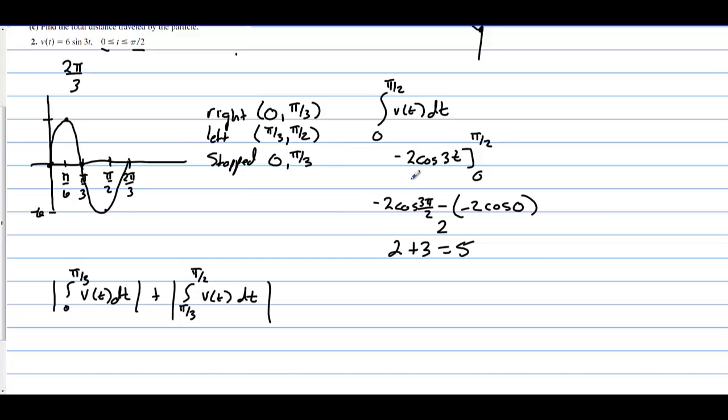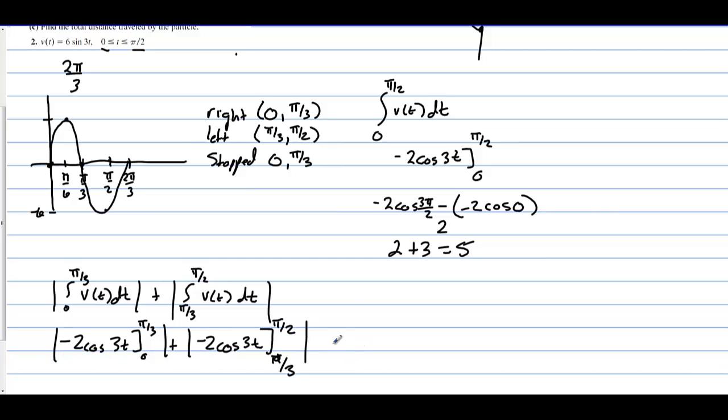Well, we already know that the integral is negative 2 cosine of 3t. We did that before, so we have negative 2 cosine of 3t evaluated from 0 to pi over 3, and then plus negative 2 cosine of 3t evaluated from pi over 3 to pi over 2. And we want to take the absolute value of each of these.